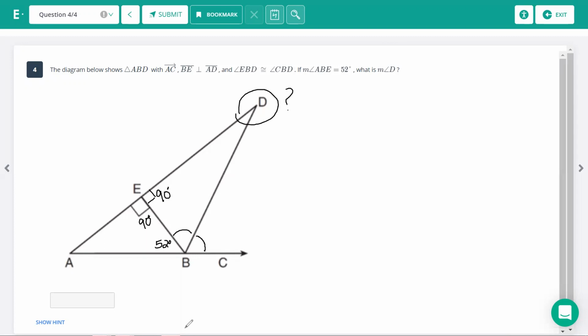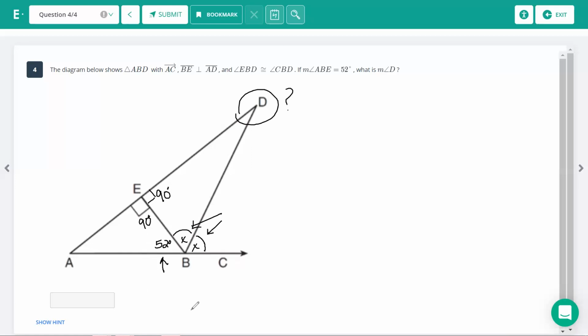Okay, so how we're going to do that is, I know this angle right here. This angle, 52 degrees, lies on a straight line with these two angles right here. And I know that those two angles have to be the same degree measure. So I'm going to replace them with the same variable. Okay.